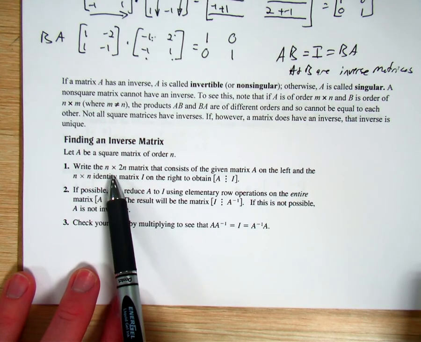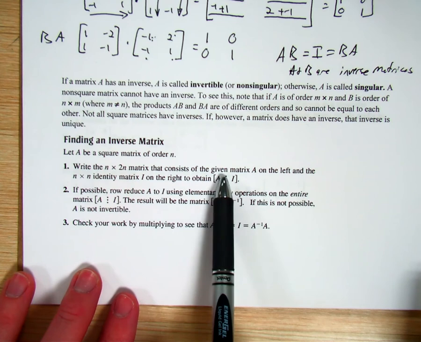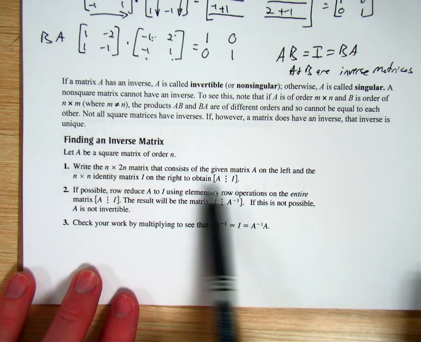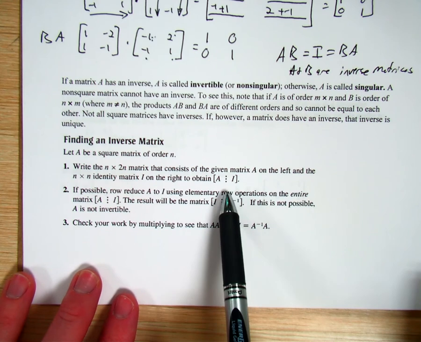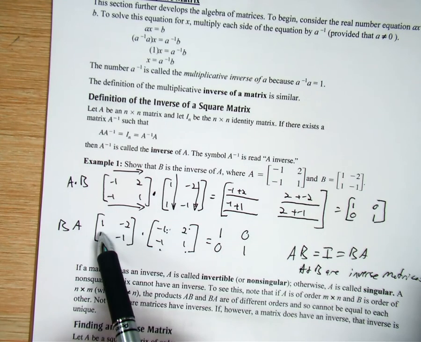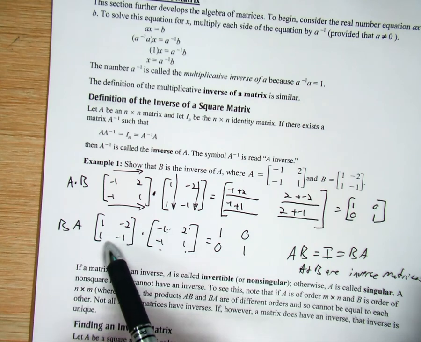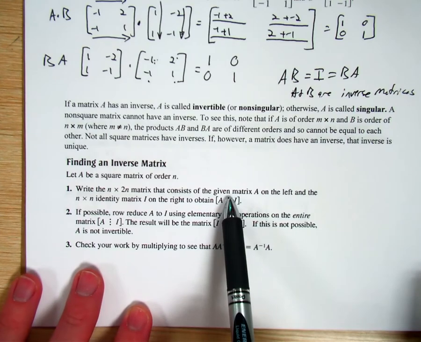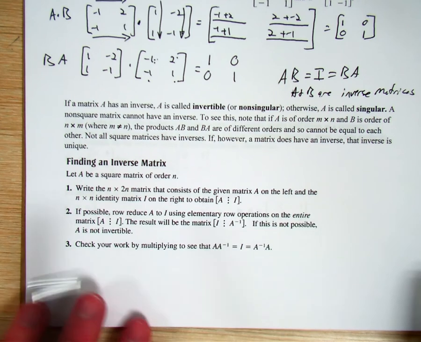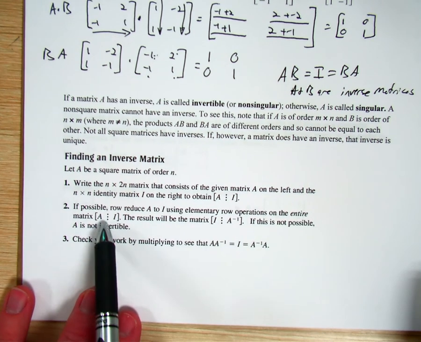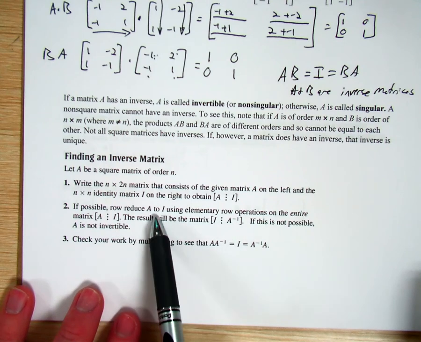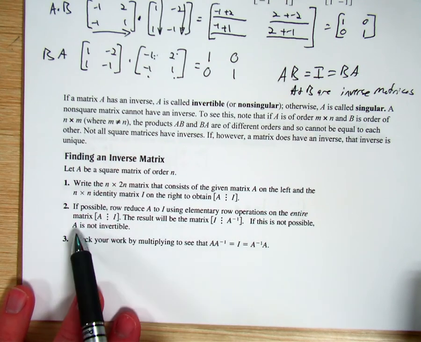Let A be a square matrix of order n. Write the n by 2n matrix that consists of the given matrix A on the left and the identity matrix on the right. So let's say we had one of our original ones up here, like 1, negative 2, 1, negative 1. We'll have that over here. Then we'll have our identity matrix 1, 0, 0, 1 over here. Okay, so that's what you can kind of visualize now. If possible, reduce the first one to the identity matrix using row operations on the entire thing.